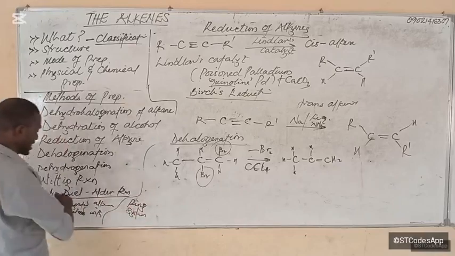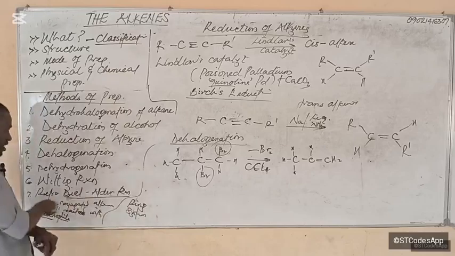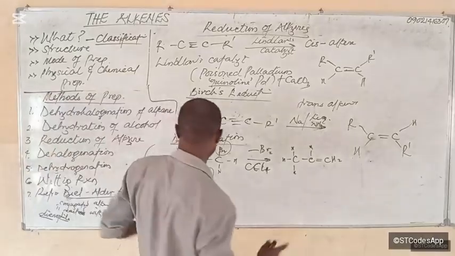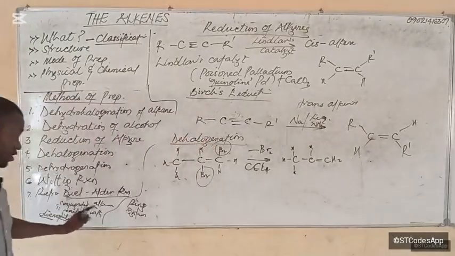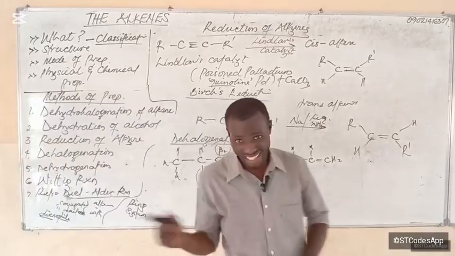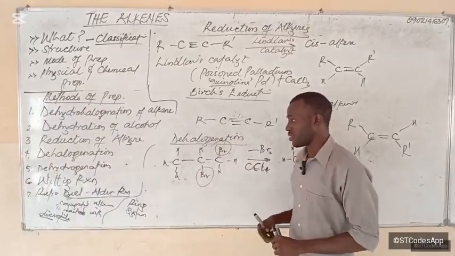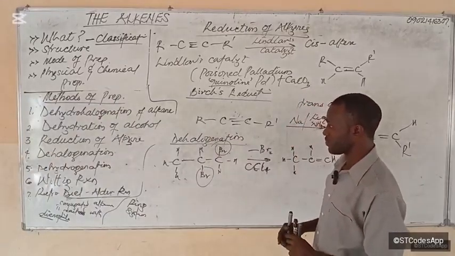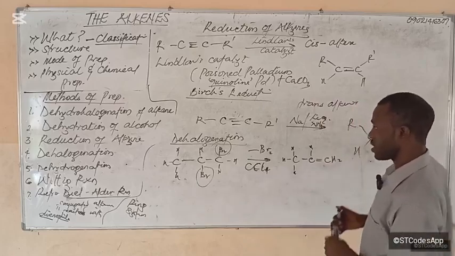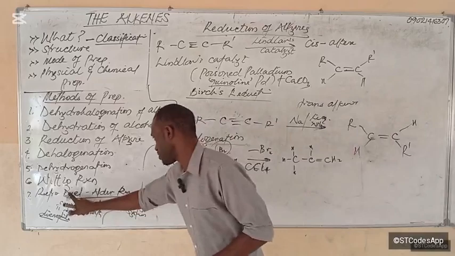The reverse of the reaction is a retro-Diels-Alder reaction. You produce an alkene, usually a conjugated alkene, depending on what gave rise to that Diels-Alder ring that is formed.